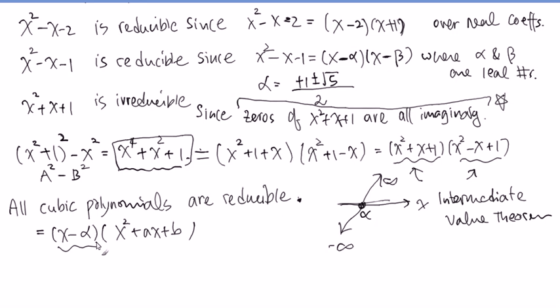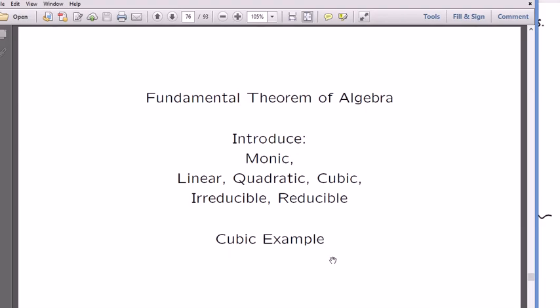All odd degree polynomials are reducible. The problem is even degree polynomials, right? So here's one example: an even degree polynomial reduced to even. But in general, it becomes hard. And that is the fundamental theorem of algebra. Okay? So here's the statement of the fundamental theorem of algebra.